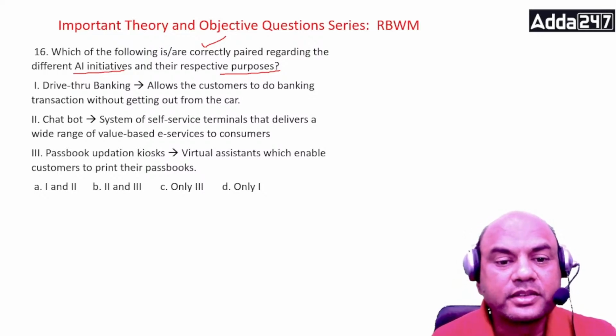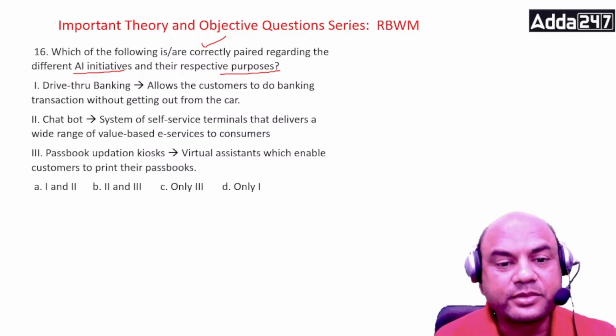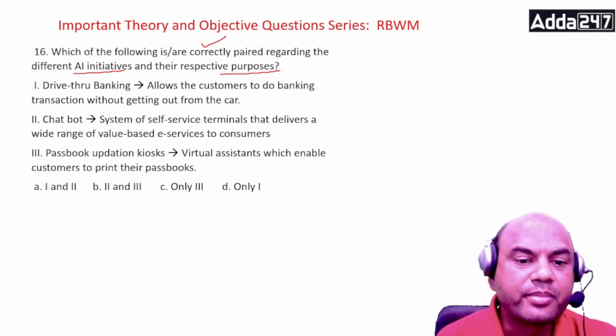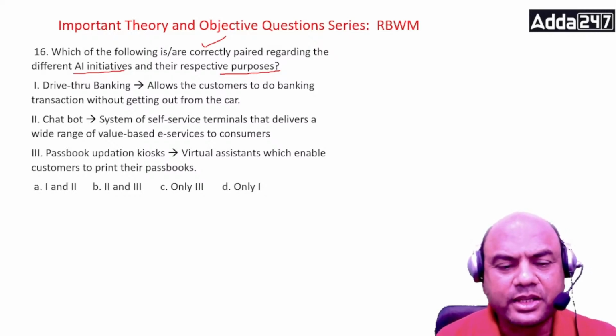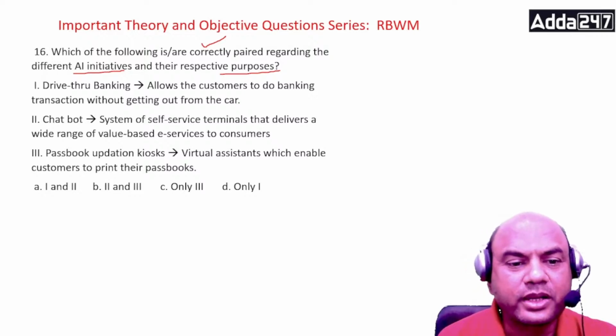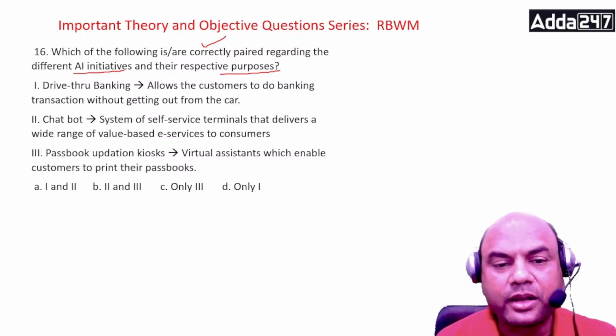So which one was the correct one? Chatbot: a self-service terminal that delivers a wide range of value-based e-services to customers. Are these self-service terminals? Chatbot, is it the one? Self-service terminals are basically kiosks. Passbook updation: a virtual assistant which enables the customer to print a passbook.